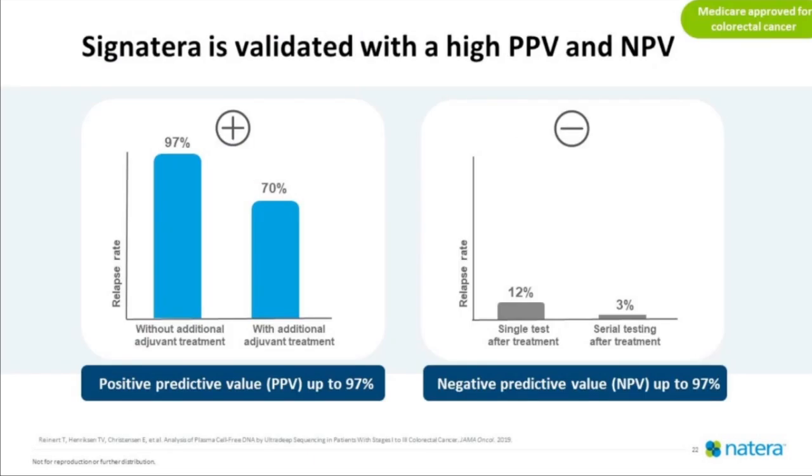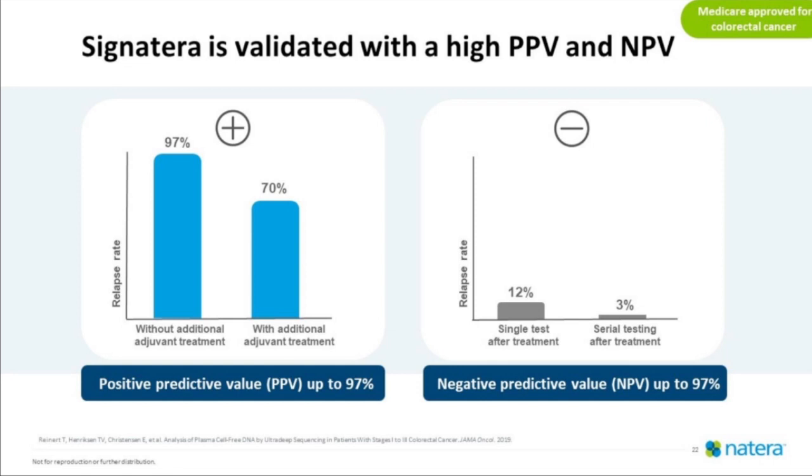So this is Signatera, validated with a high positive predictive value and negative predictive value. On the panel on your left, we have positive predictive values up to 97%. So there is a 97% relapse rate when you have a positive ctDNA test without additional adjuvant chemotherapy. It drops from 97% down to 70% when you administer adjuvant chemotherapy in this setting.